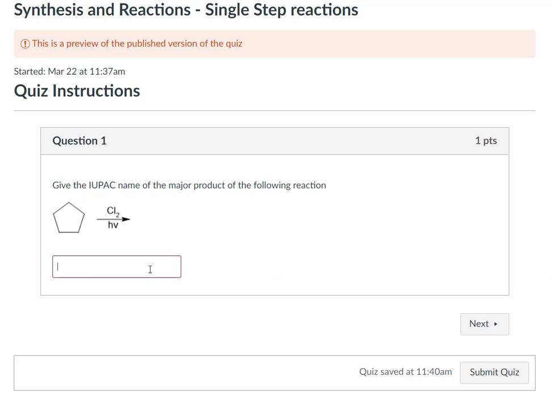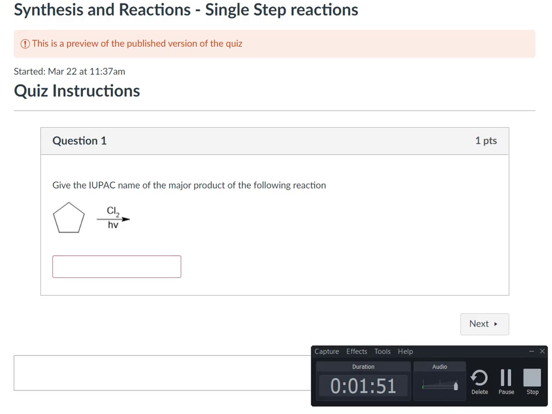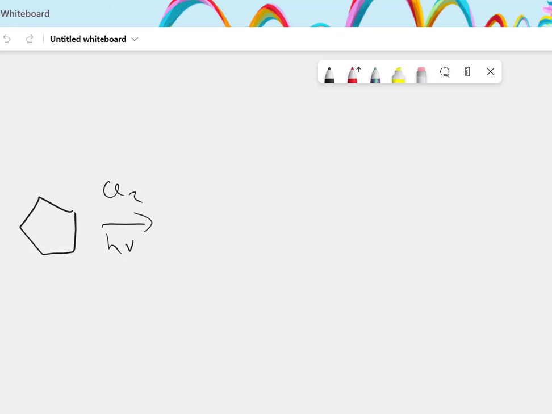So if we go back here, what we're looking to do is to try to figure out what this answer is going to be. If we take a look at our molecule being reacted, we saw that one hydrogen is going to be replaced by a chlorine in this case, or if it was a bromine molecule. There's hydrogens all over this, so any one of them can be reacted with, but it just showed one reacting.